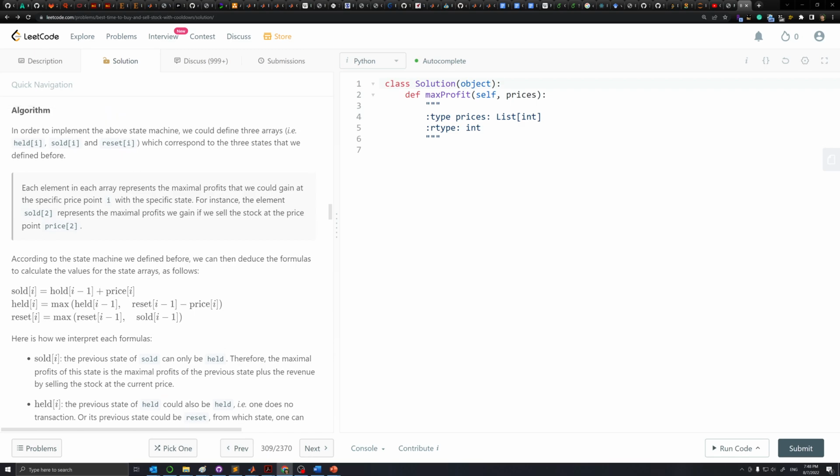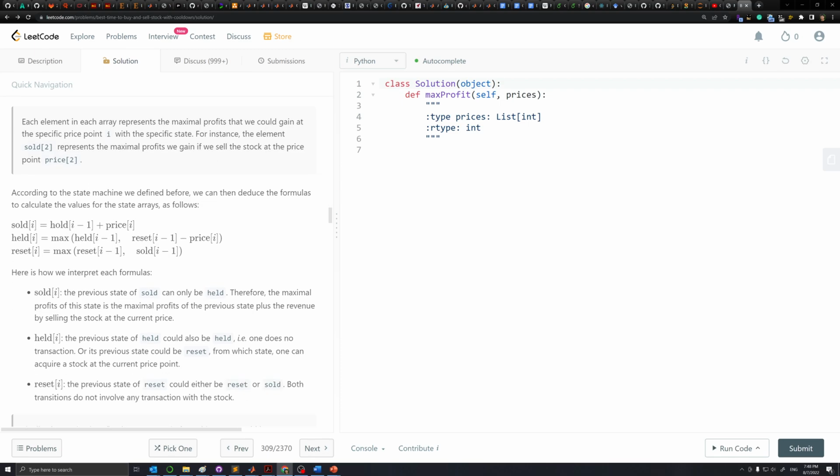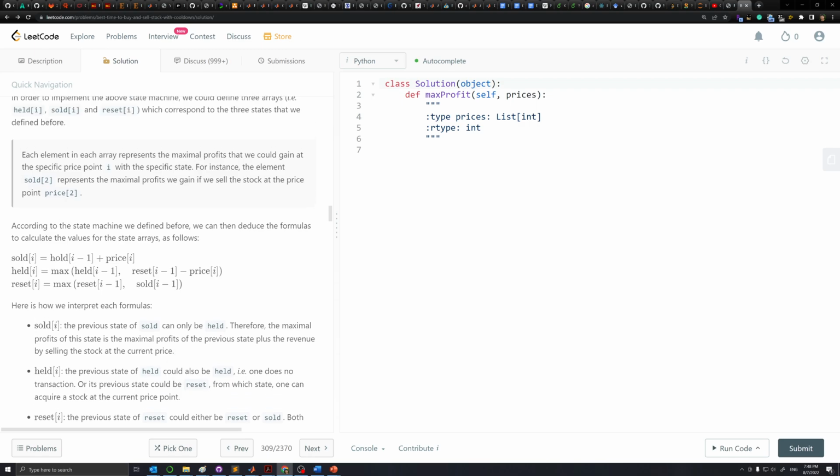In terms of dynamic programming at each state. For instance, the element sold[2] represents the maximum profits we gain if we sell the stock at the price point price[2], according to the state, and that's like on day number two, right?